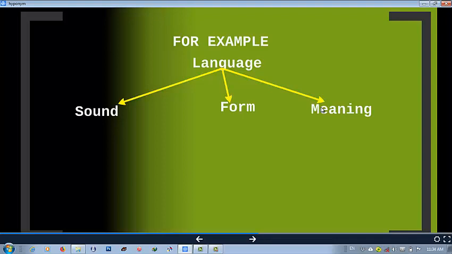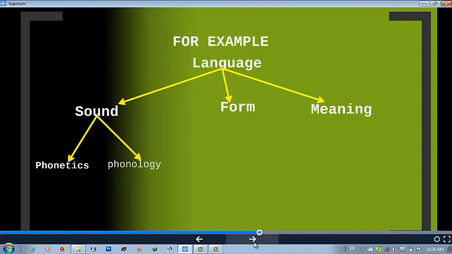We have to deeply understand the parts of the language, like sound, form and meaning. The words sound, form and meaning we can call meronyms of the word language; they are the parts of the language.